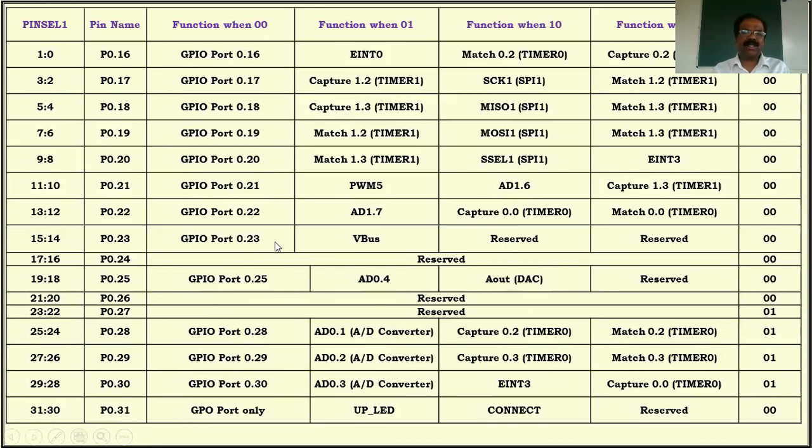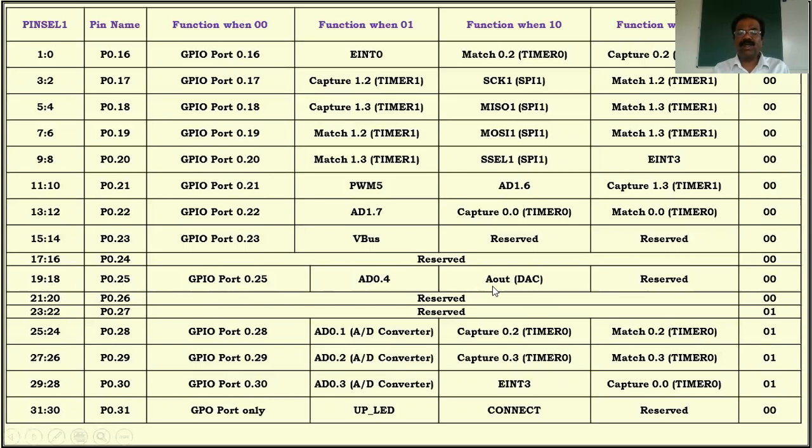In this case, I'm going to concentrate on DAC. Therefore, we have to take the analog output at P0.25, so we configure P0.25 as AOUT. That's why we write 1, 0 here. If you write 1, 0, we can use P0.25 as AOUT.